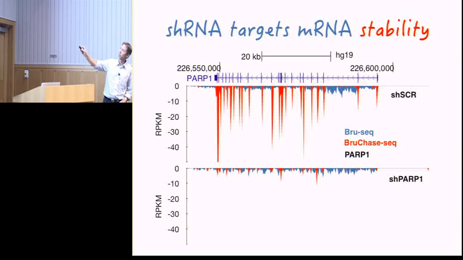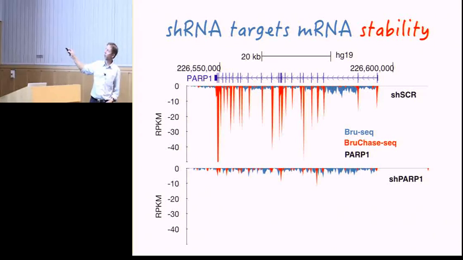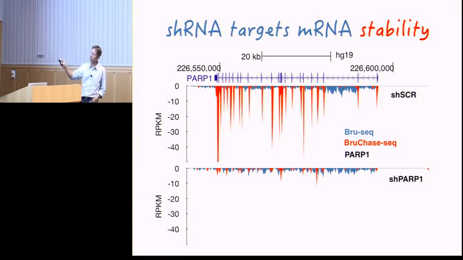You can see the 6-hour-old RNA for PARP. It's very stable. You see all the exons here, but if you target PARP with shRNA, you can see stability has drastically been reduced. The blue here is the nascent RNA sequencing. So the transcription rate of the gene didn't change, but the stability of the transcript changed. So this is confirming that the knockdown was good.